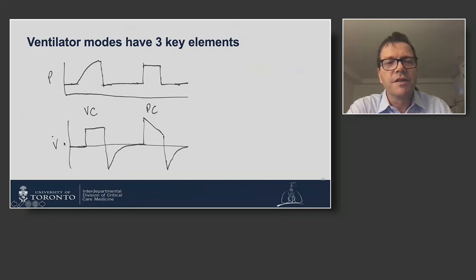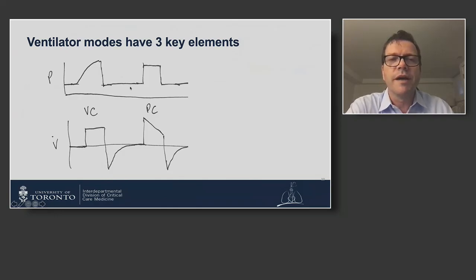I'm going to start on the flow time curve initially when we're talking about volume control, because this is the independent variable that we've set. We told the ventilator, okay, turn on flow and keep delivering flow until this volume has been delivered. That results in a pressure time curve up here that looks like this.